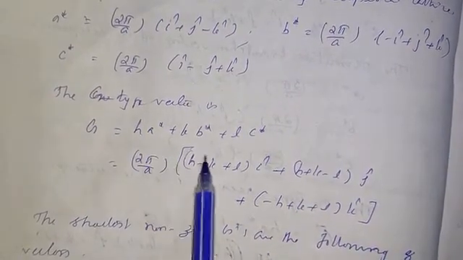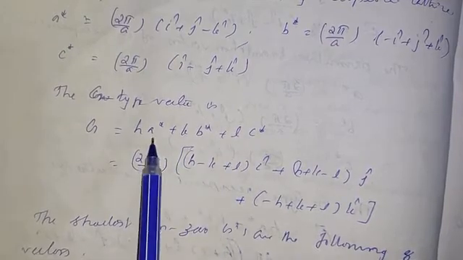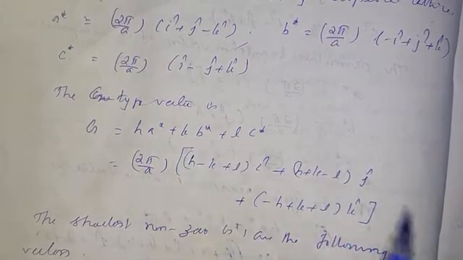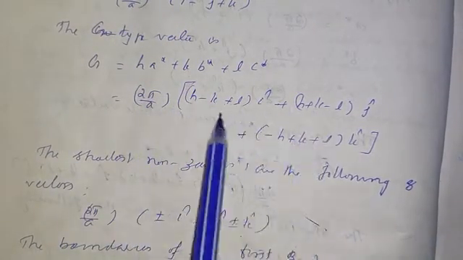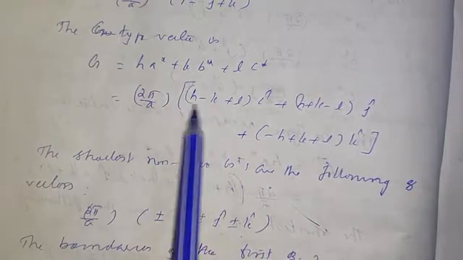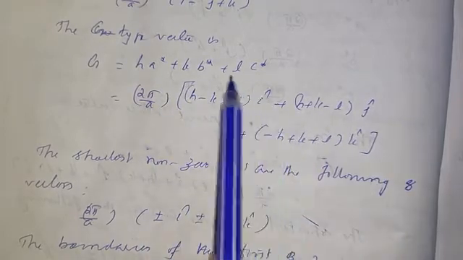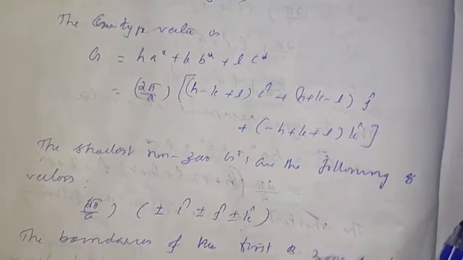Okay, and the corresponding G type vector is defined from the equation H A star plus K B star plus L C star, from which we will get 2 pi by A outside the bracket and these terms inside the bracket, from this previous equation.